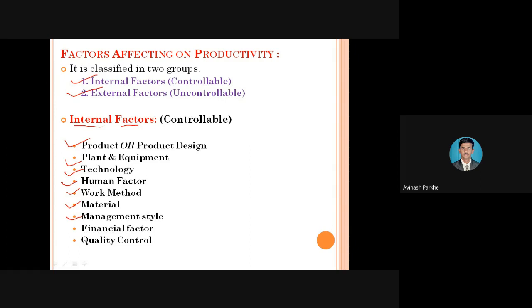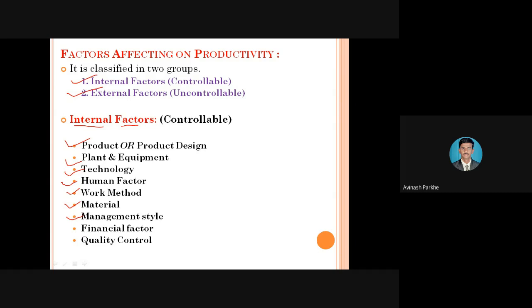Sometimes they will start the job and wander here and there. If they are not working in an effective manner, there may be a possibility of accidents, and there may be a possibility of breakage.